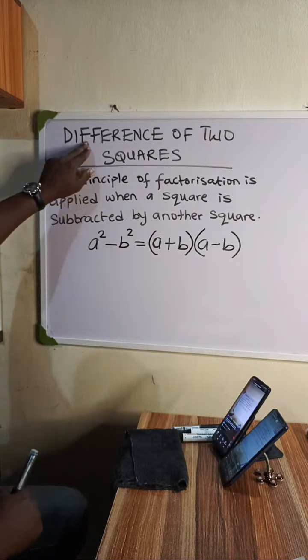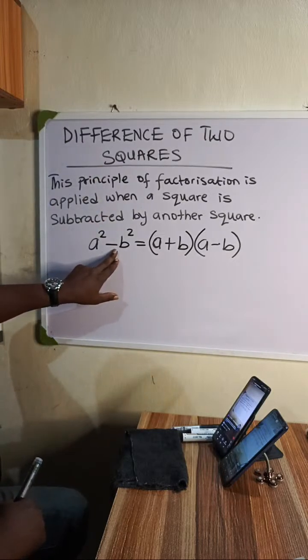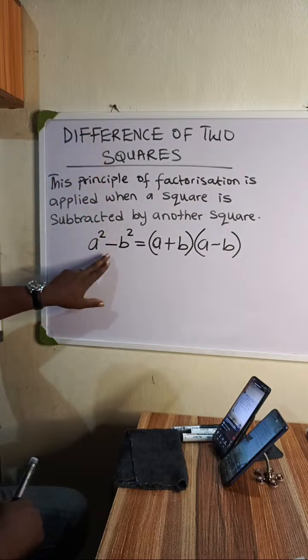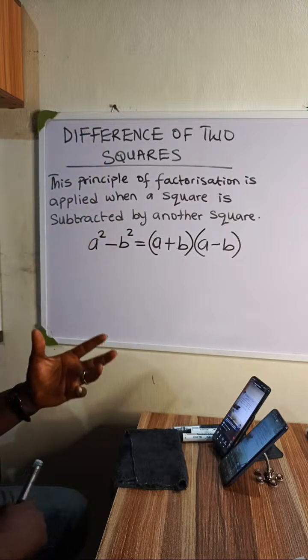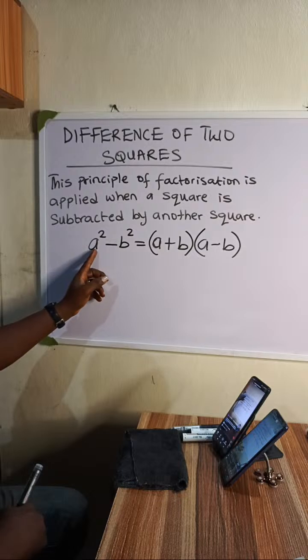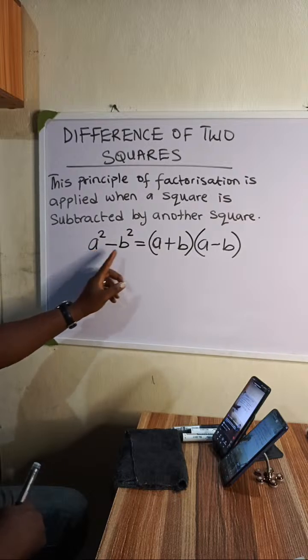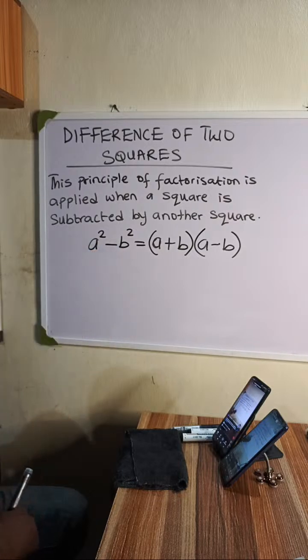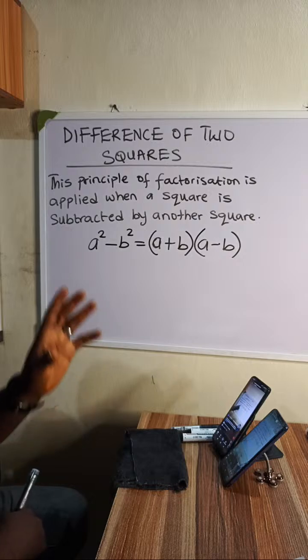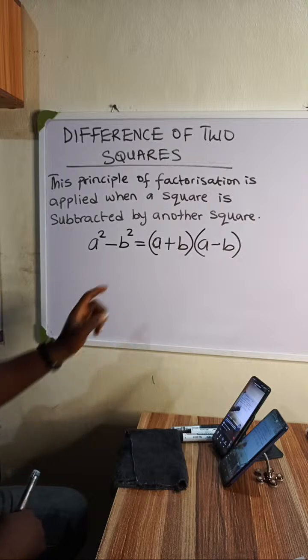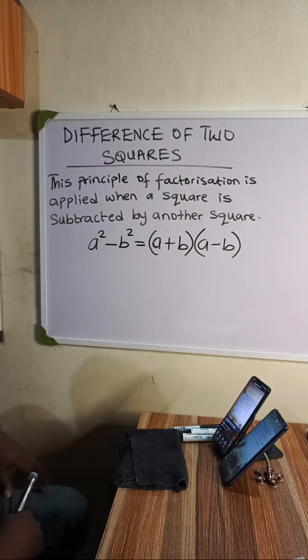Remember, difference in mathematics means subtraction. So difference of two squares means one squared value is subtracting another squared value. Once you have that situation, you are expected to use this method.